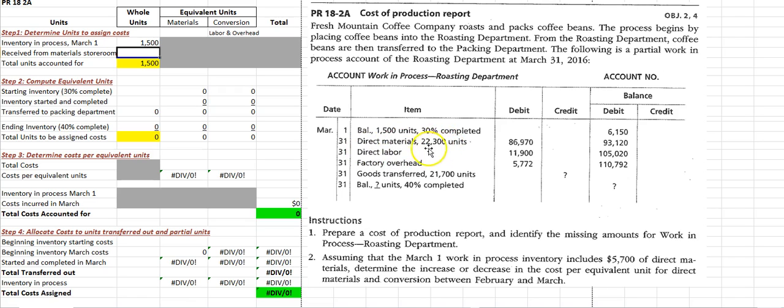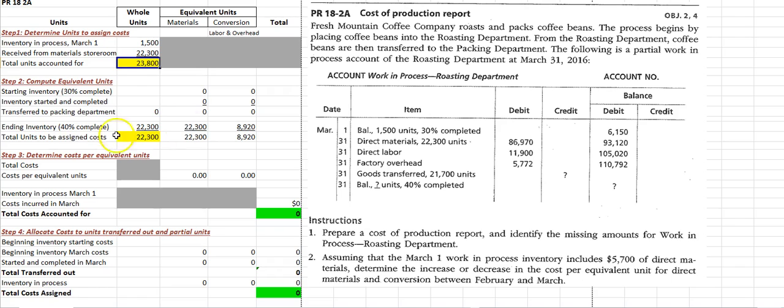Now, we're going to assume that direct materials goes immediately in once you have a unit, that direct materials is immediately 100% in that inventory, right? So we don't add material afterwards. Material is the first step, and then you start processing it. So if we added 3,100 units in direct materials, that's the total amount of units we started for the period.